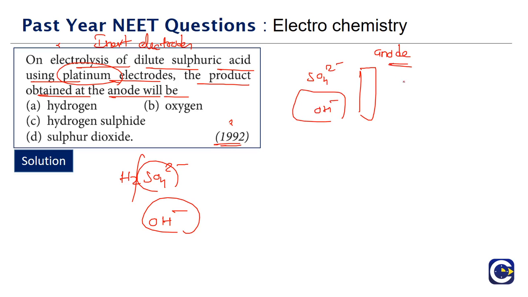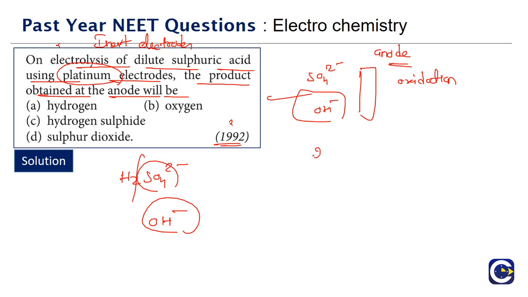At the anode, what must happen? Oxidation. The one that will have a lower reduction potential will undergo oxidation. The one that will have a higher reduction potential will undergo reduction. So between these two, the OH minus will undergo the oxidation.